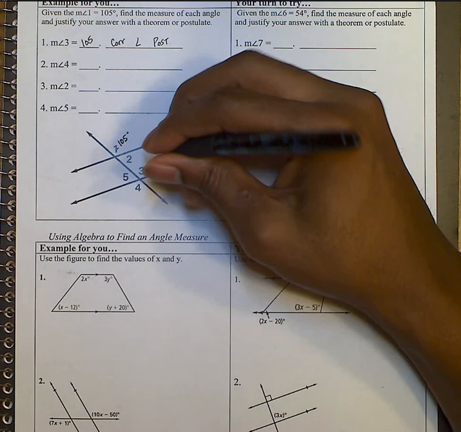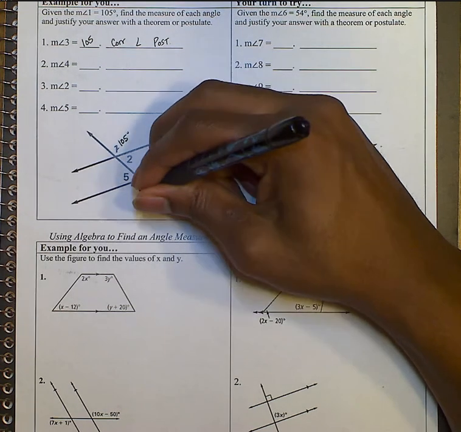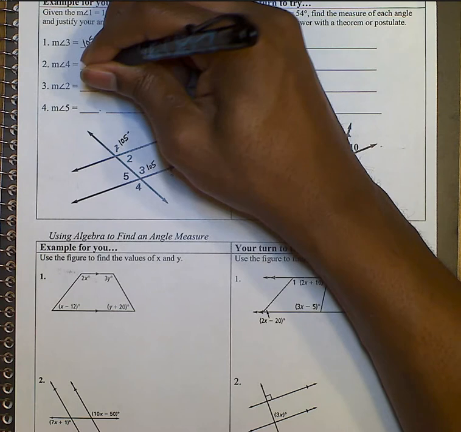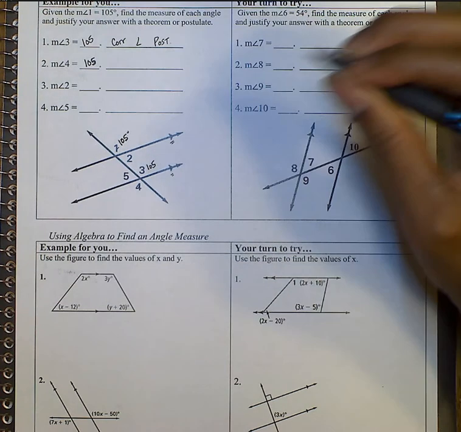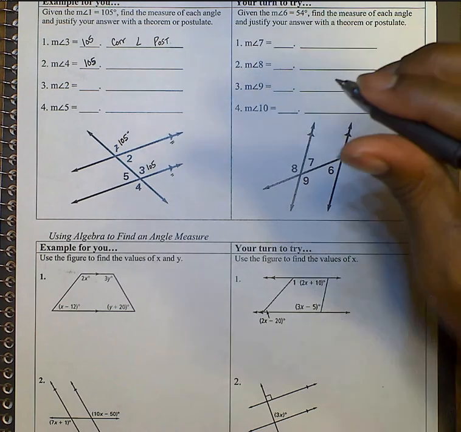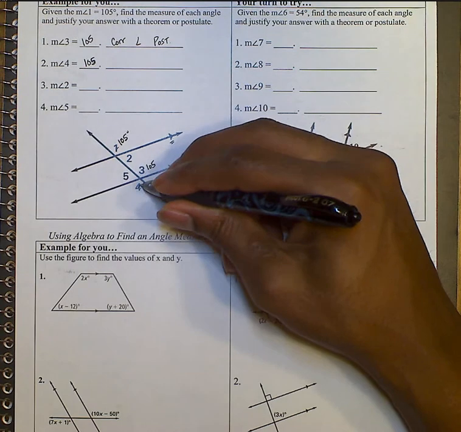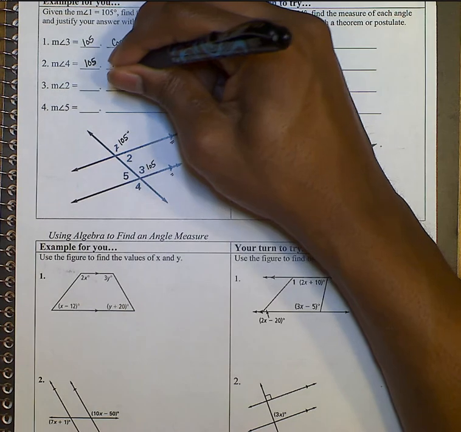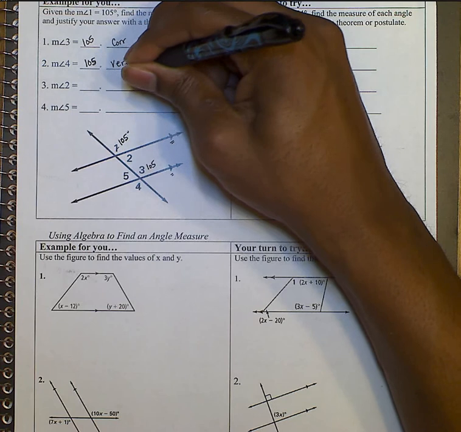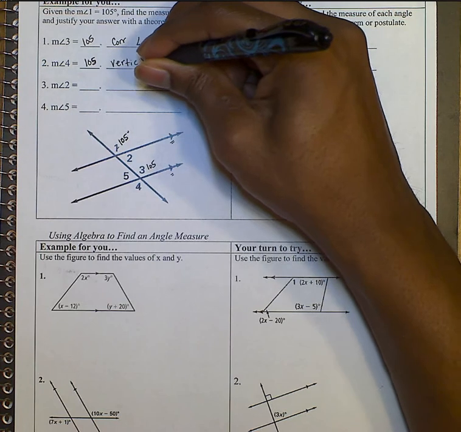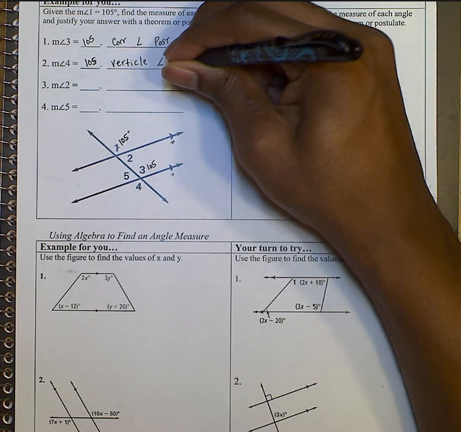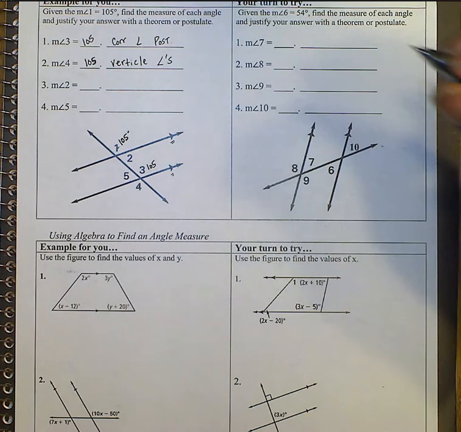Angle 4 would be 105 degrees as well. Not because of anything that we saw today, but if you notice, angle 3 and angle 4 are vertical angles. We know from last chapter that vertical angles are always congruent.